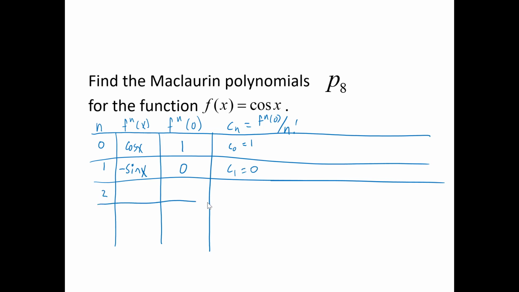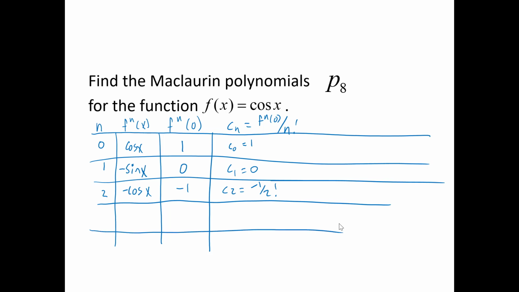When n is 2, you get the negative cosine function. And when you plug that in, you get negative 1. And so then you get C2 is negative 1 over 2 factorial. For 3, you get the sine of x.